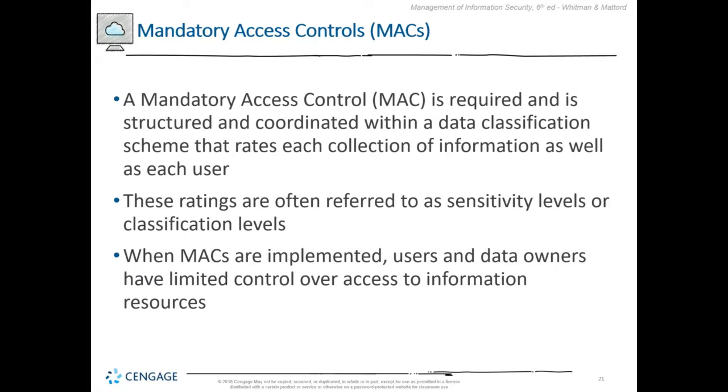So, for example, when a MAC is implemented, the users and data owners have limited control over access to information resources. So the data owners must classify the information assets for which they are responsible, and they review those classifications periodically.